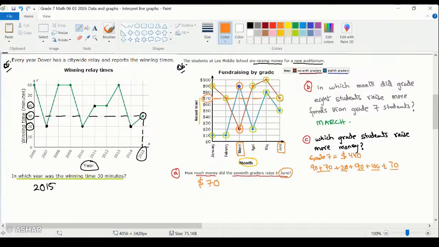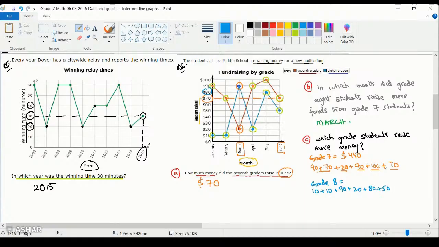What about grade 8 students? They did $10, $10, then they did $90, then they did $20, then they had 80, and the last they had 50.